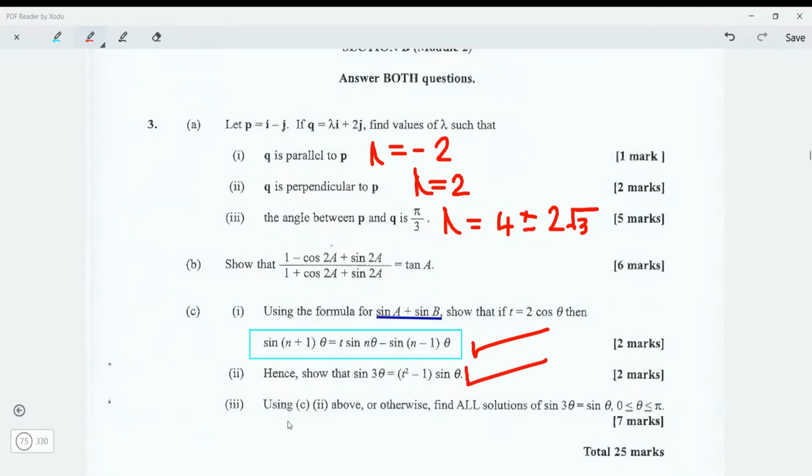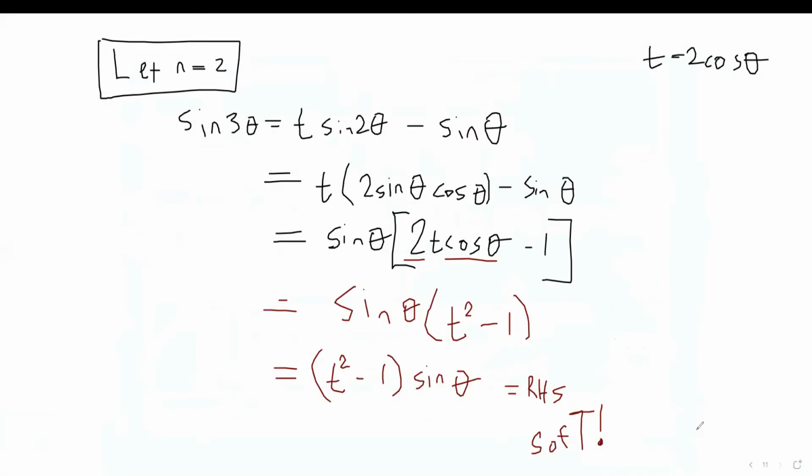Now it says, hence, using the result from the third one, or otherwise. You can do it any way you want, Marika. You can go otherwise if you want, or you can use the result from part 3. Find the solution. We're going to do it both ways. So we need to solve sine 3 theta equals sine theta.